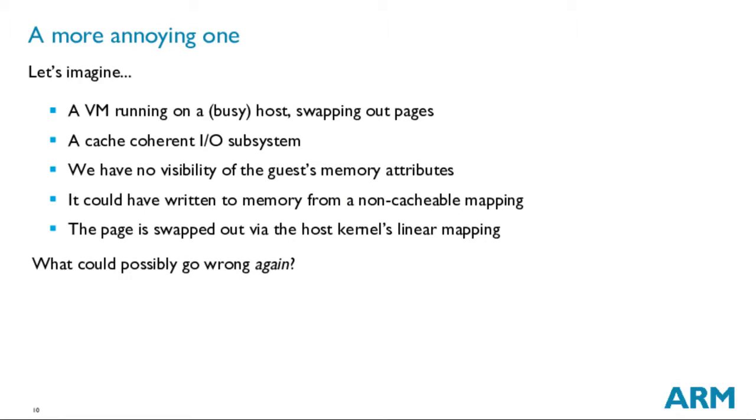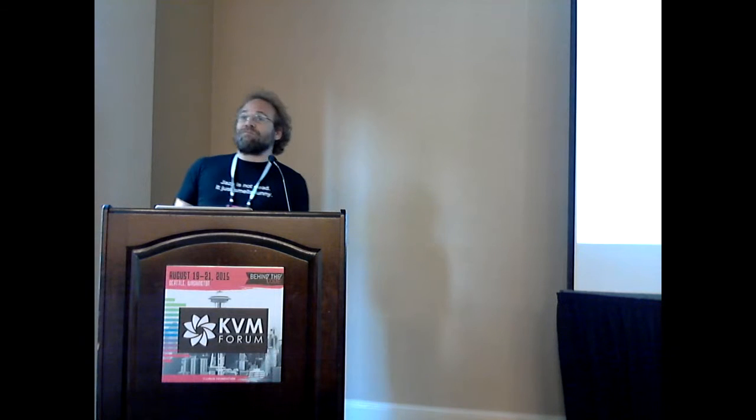A slightly more annoying one, which could take a lot more time to debug. Imagine you have a VM running on a rather busy host that is starting to swap out a lot of things, and you have a cache coherent I/O subsystem, which actually snoops into your caches. Remember, the guest has its own memory attributes, and we never parse its page tables.